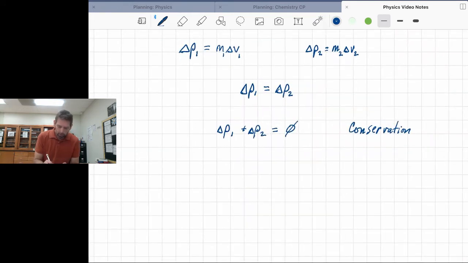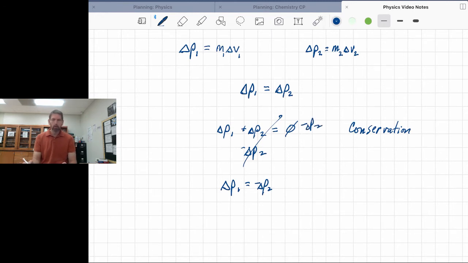So let's move this change in momentum from this side. So we've got the change in momentum of 1 would have to equal the change in momentum of the second object, but it would have to be negative if we brought it to the other side. And there you have it.